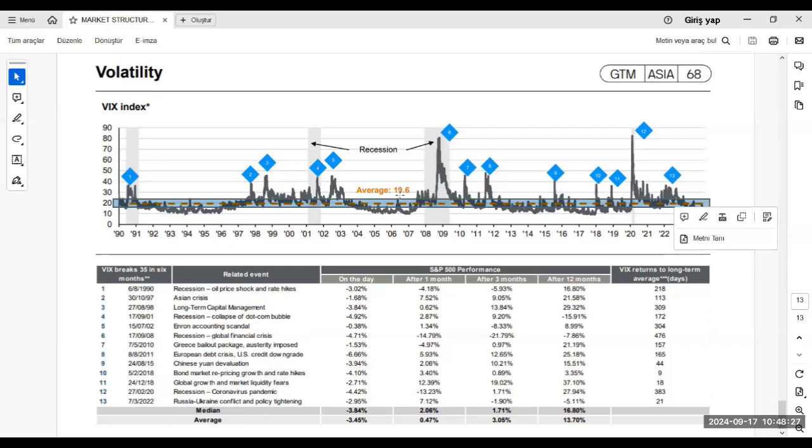And if it increases above the average line, please increase your cash position and decrease your risk asset position like equity, like crypto, like any type of risk asset and risky investment. If the VIX is increasing above the average line, please decrease your equity or risky position in the market and increase your cash position. This is the end of my slides for today.